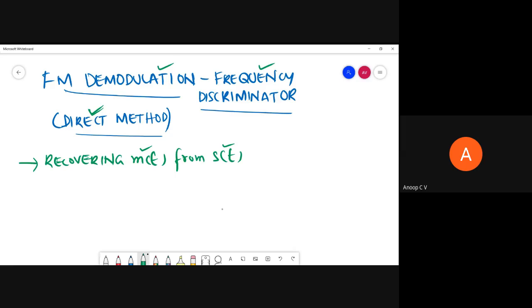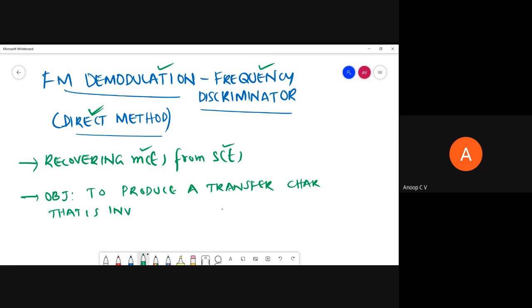The objective of this direct demodulation, please take it down along with me, is to produce a transfer characteristic that is inverse of that of the modulator, right?